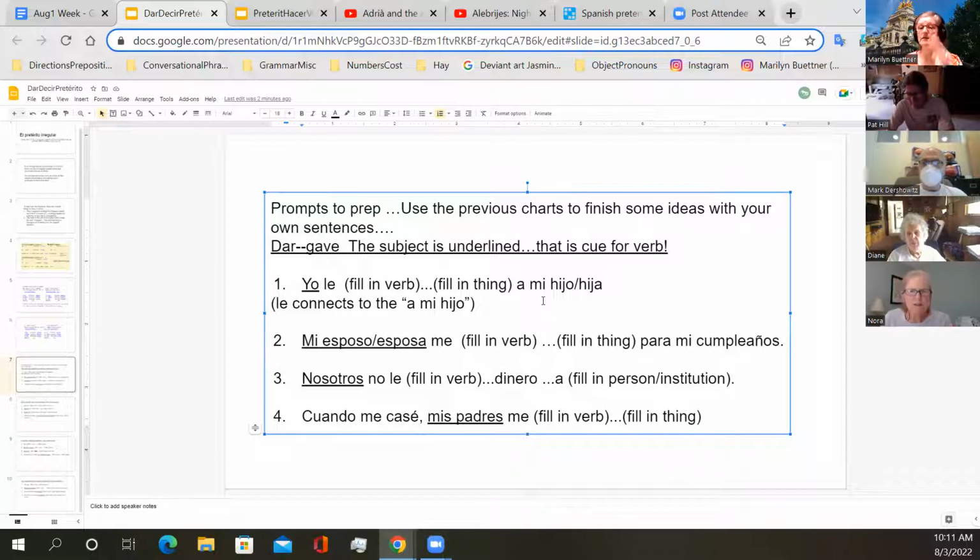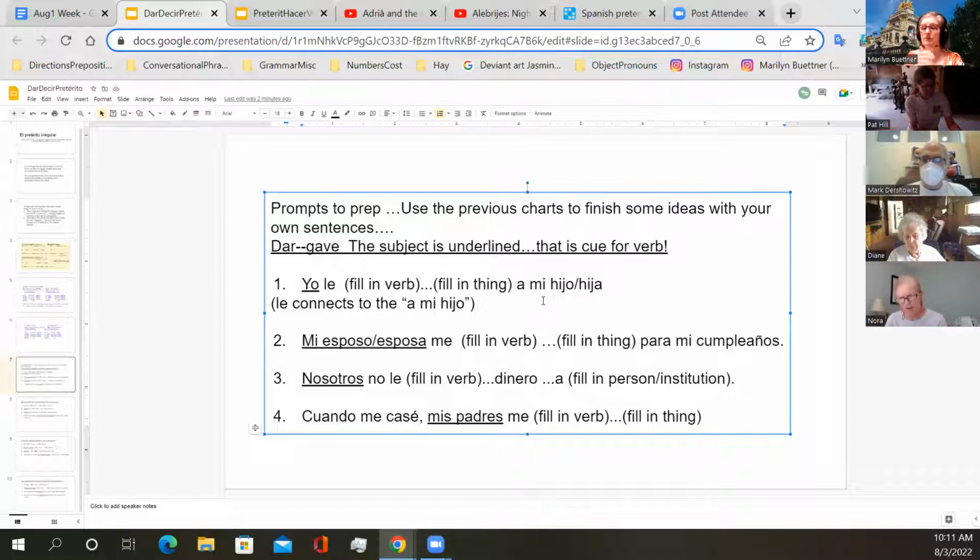And you don't need to say a mi hijo if it's just in conversation and I know you're talking about him, right? It would just be, depende. It depends. If it's unclear from the previous part of the conversation, you might include it once to clarify it.